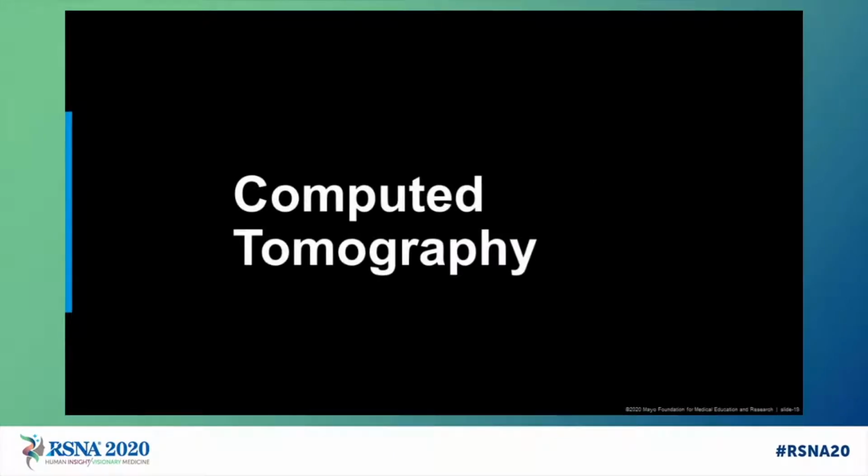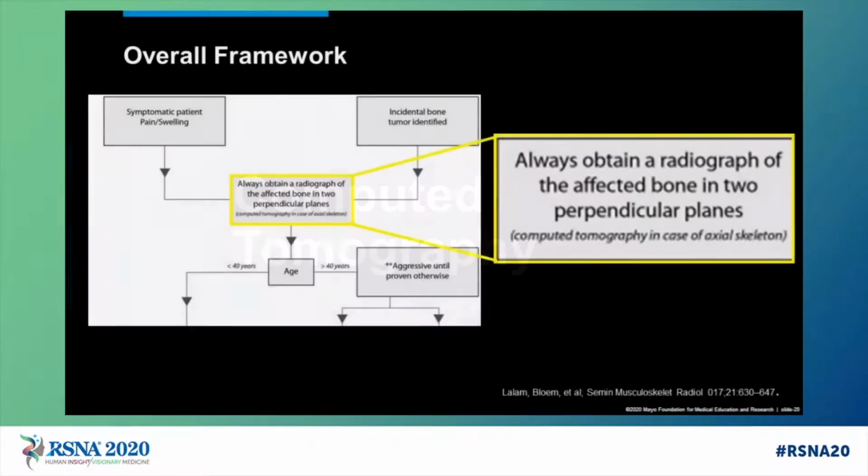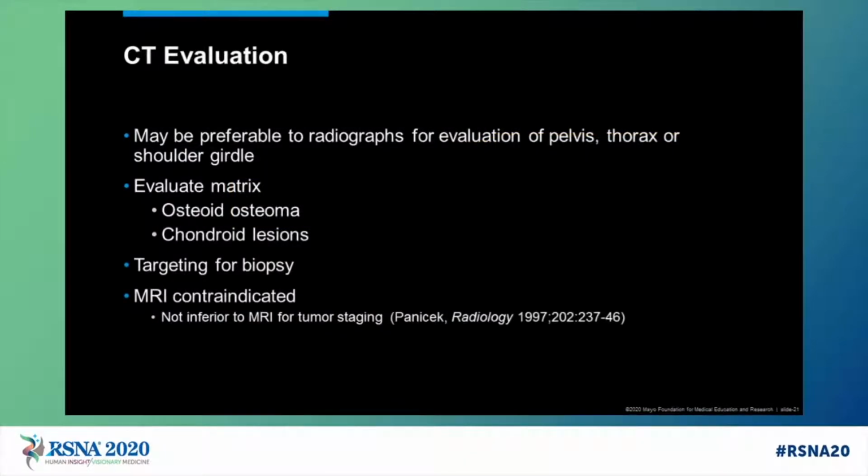Let's move on to computed tomography. There are times where radiographs may not be the most appropriate first choice. This has to do with when we're evaluating areas of complex anatomy, such as the pelvis, the thorax, or the shoulder girdle, where subtle lesions may not be identified radiographically.